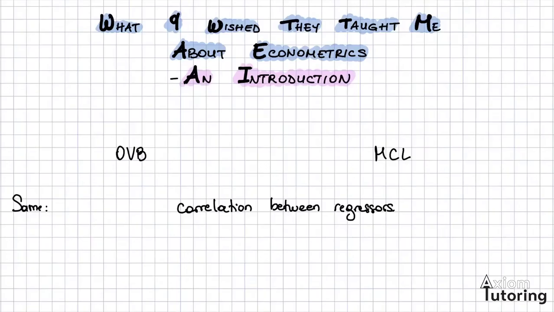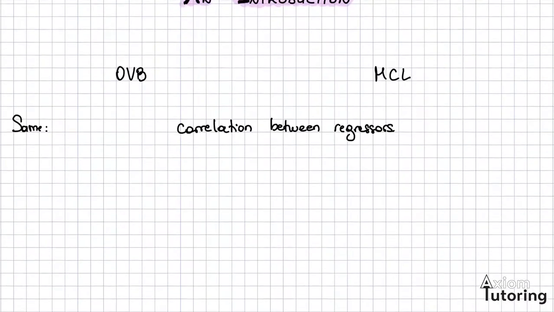When does omitted variable bias happen? Remember, we had two conditions, and both had to be satisfied. The first is that a relevant variable is omitted.